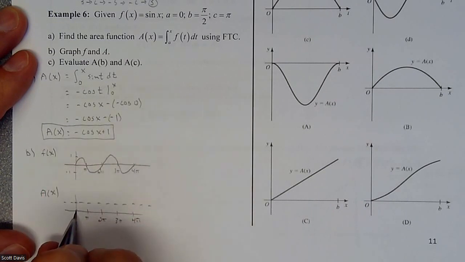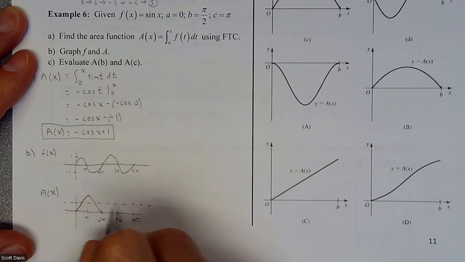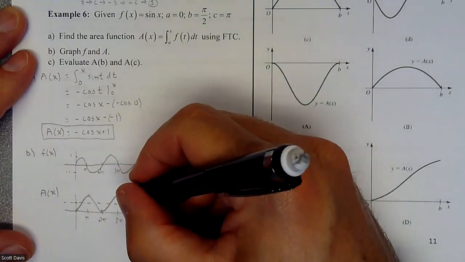So it's going to start at a low point, and then we're going to go to a high point, and then back to the beginning. Like that. And then we're going to hit a high point again, and then back to a low point.